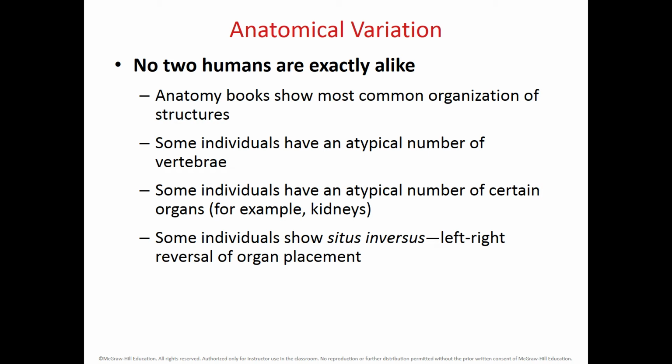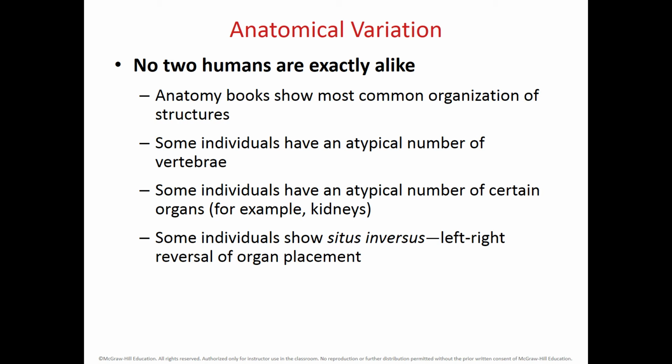So in anatomy textbooks, you will find the most common organization of the structures, but you can find some individuals that may have an atypical number of vertebrae, so some of them may have an extra vertebra. So instead of having 7 cervical vertebrae that we normally have in our neck, the person might have 8. Some individuals, instead of having 2 kidneys, might have 1.